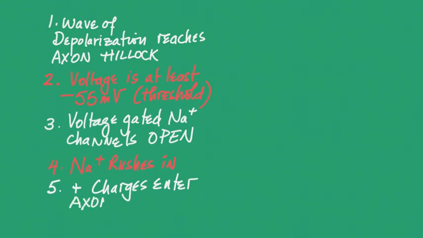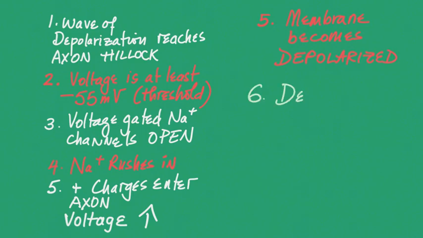And this causes the membrane voltage to go up. When a membrane voltage increases and approaches 0, we say that the membrane is depolarized. So the next step is that the membrane depolarizes. This depolarization is fairly rapid because many sodium channels open at once, lots of sodium comes in, and this causes the depolarization phase of the action potential.